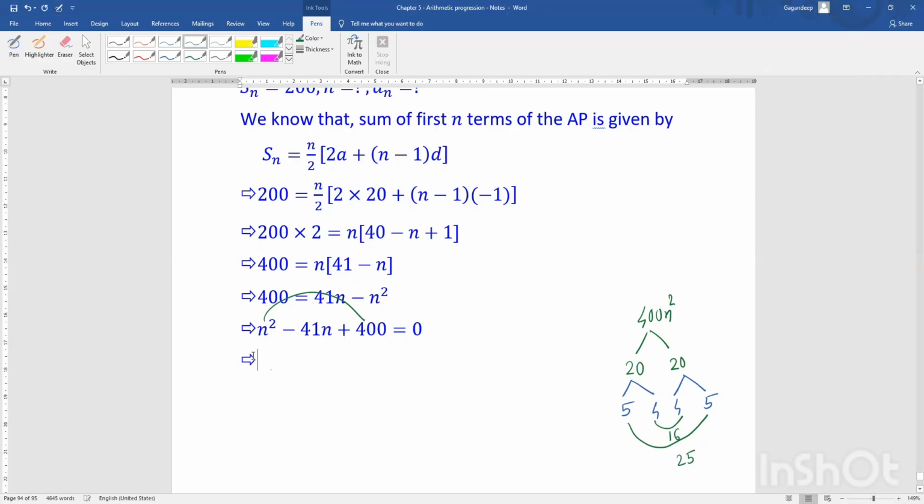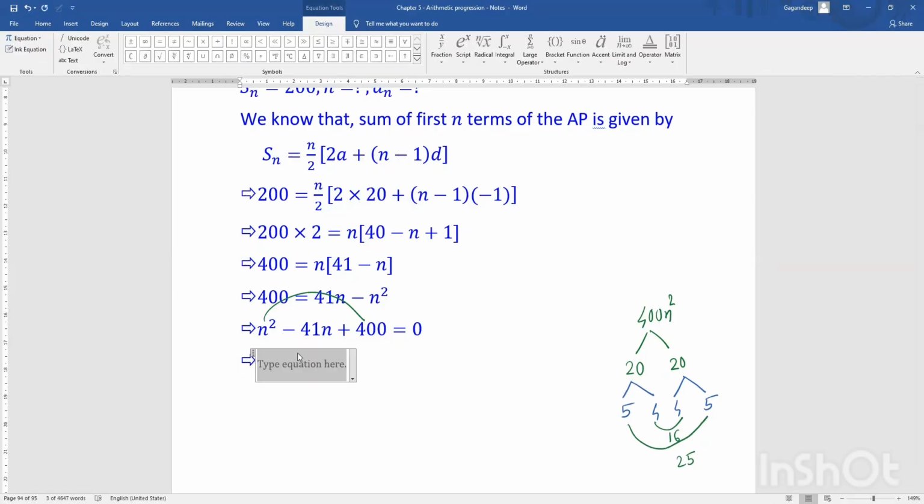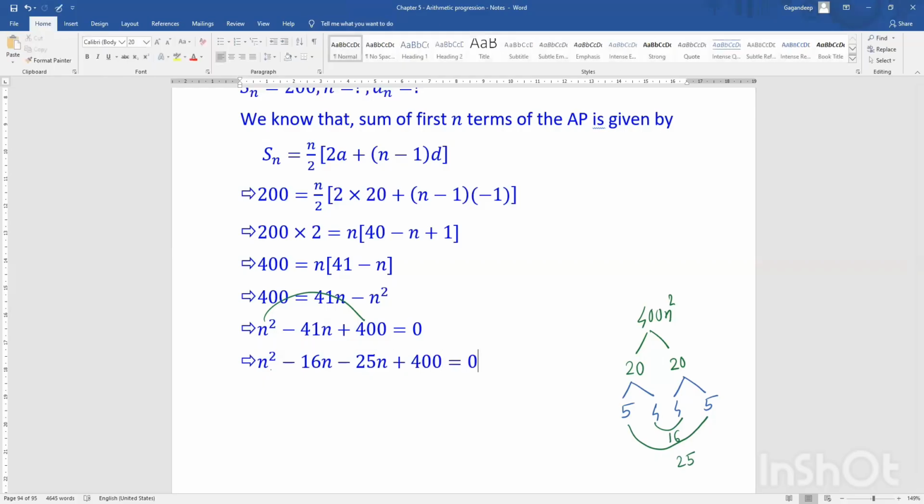So here we write n square minus 16n minus 25n plus 400 equals 0.